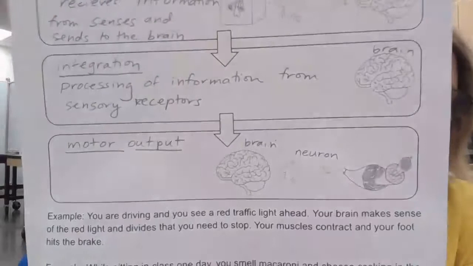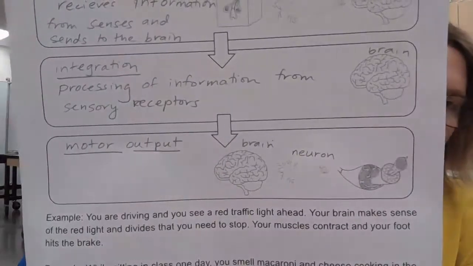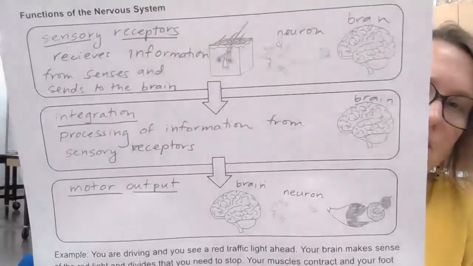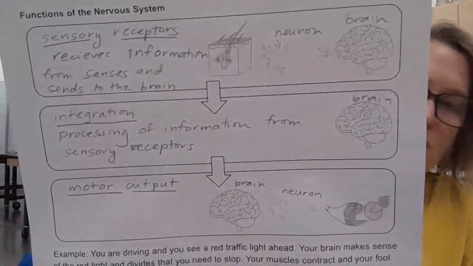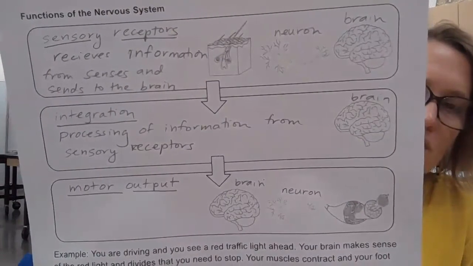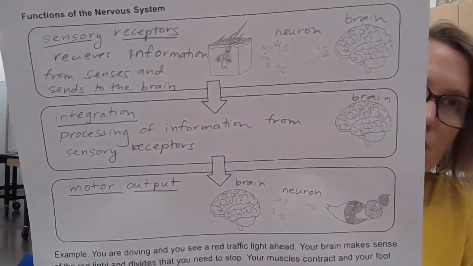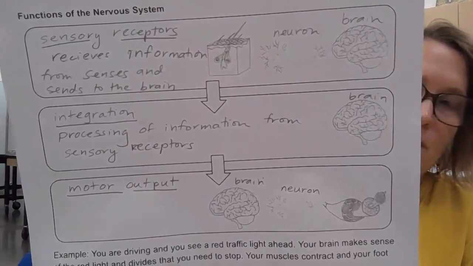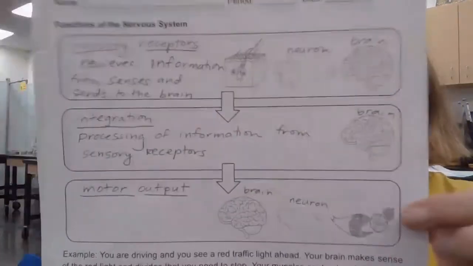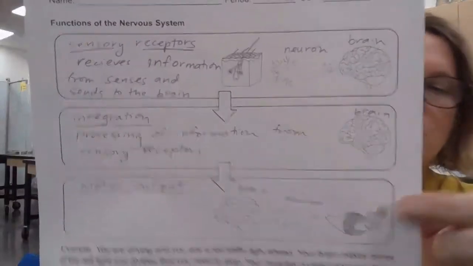Now underline that. Motor output. Okay? Motor output, right? So your brain took in information, right, from your senses. Your brain processed that information, and now your muscles are doing something with that information. It's going from your brain through the neuron to your last thing, which is here, which is muscles.